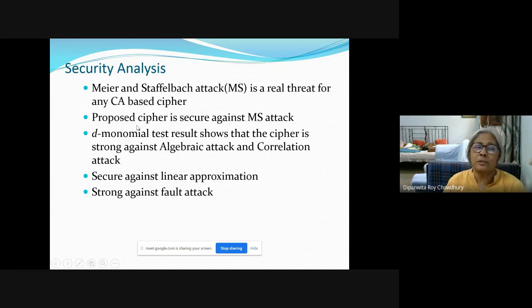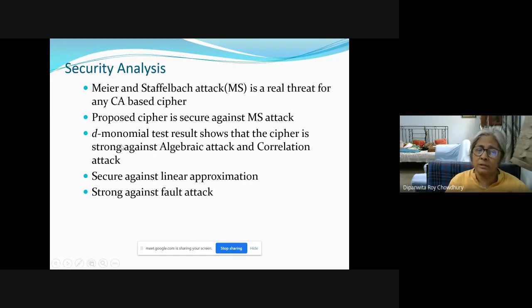And then the proposed cipher is secure against MS attack, because if it is a cellular automata based design, then rule 30, which is a nonlinear rule proposed by Wolfram, is attacked. So we have to show this. But in the example I have just shown, it is not actually resisting the MS attack. Then the monomial test result shows that the cipher is strong against algebraic attack and correlation attack.